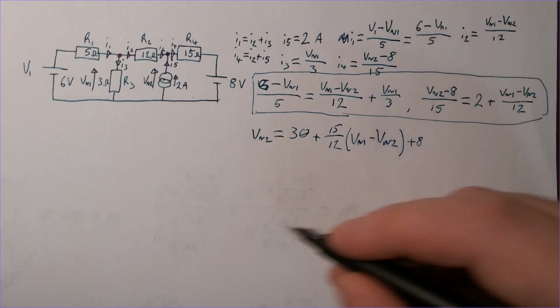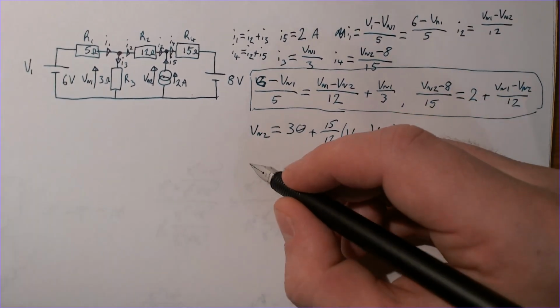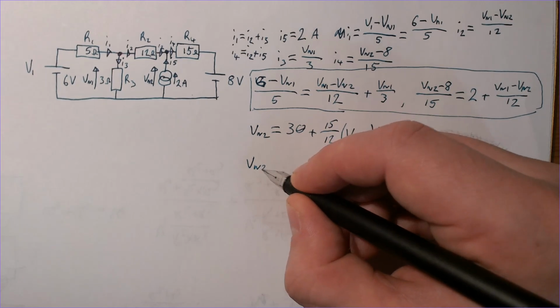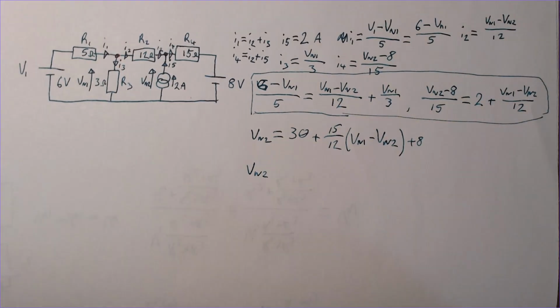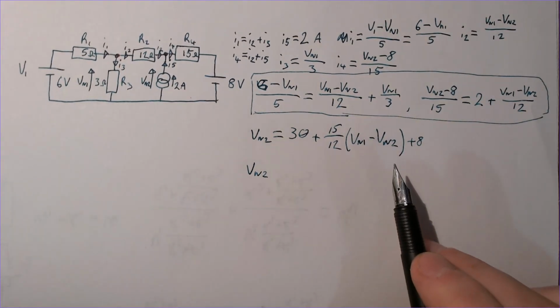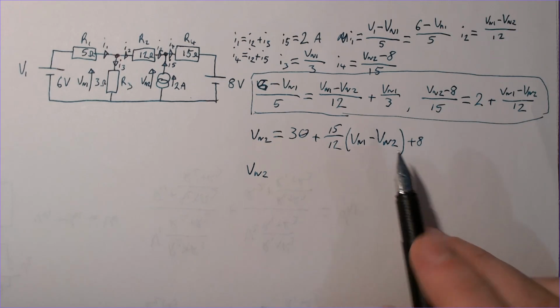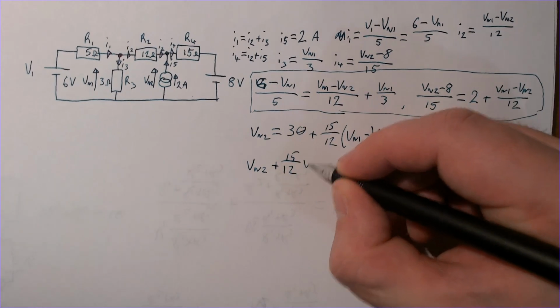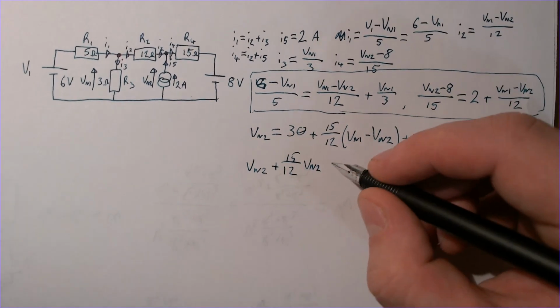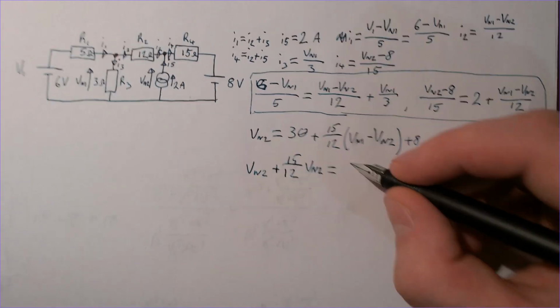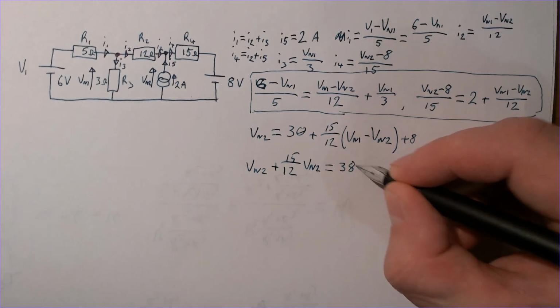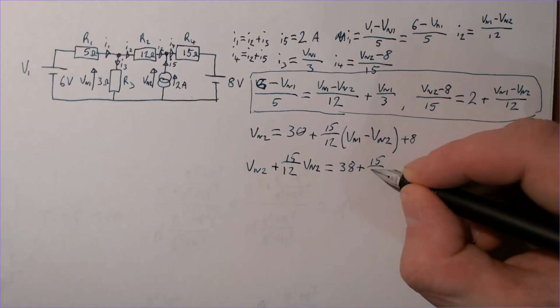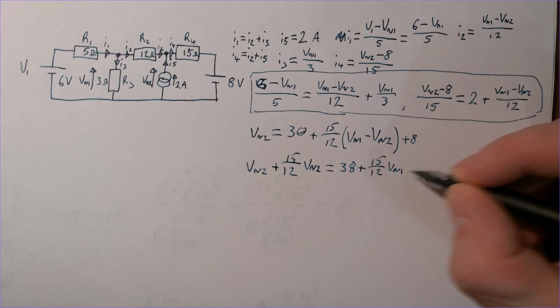So Vn2 plus 15 over 12 Vn2 equals 38 plus 15 over 12 Vn1.